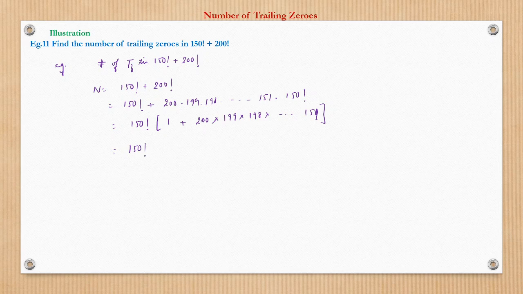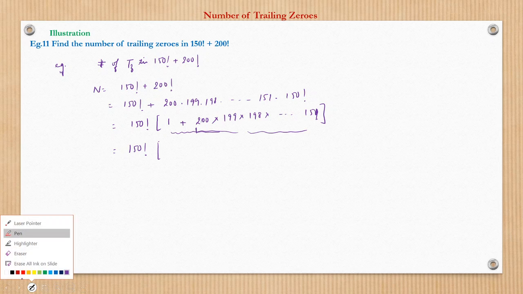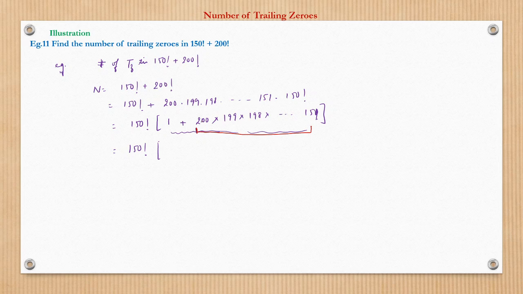So now look, 150 factorial, and what would be this number? This part ends with at least 20, which we can clearly see, and it will have many more zeros, but at least this is visible. Anything added to 20, so the final addition would be some big number ending with 01, at least the unit digit will be 1 here, right?